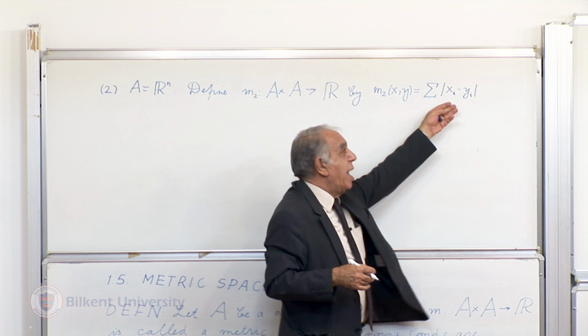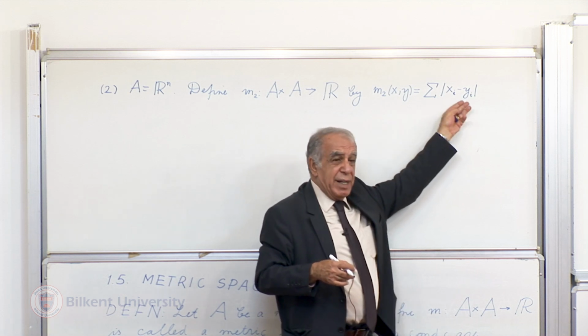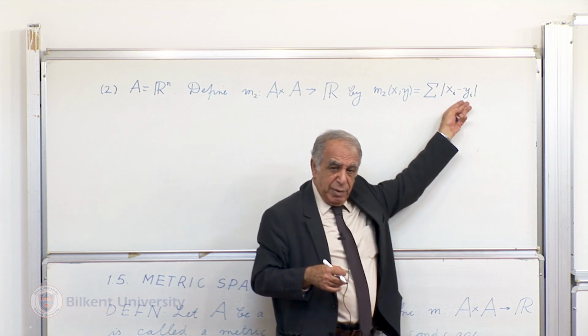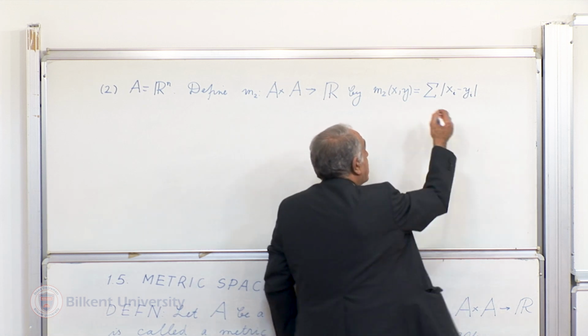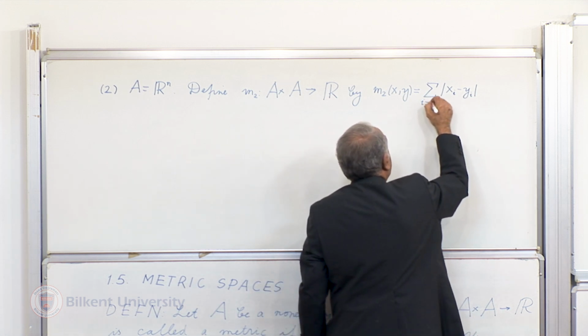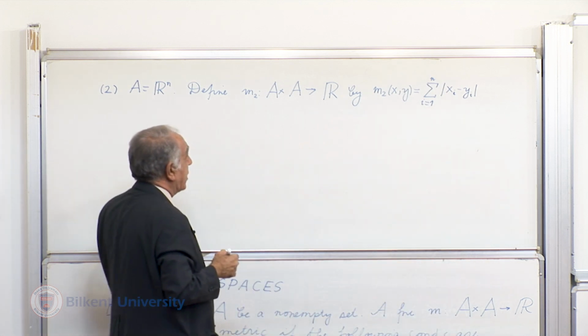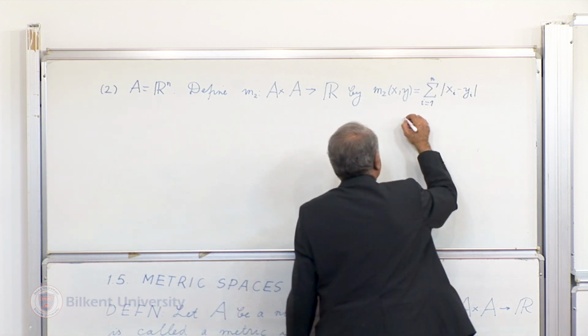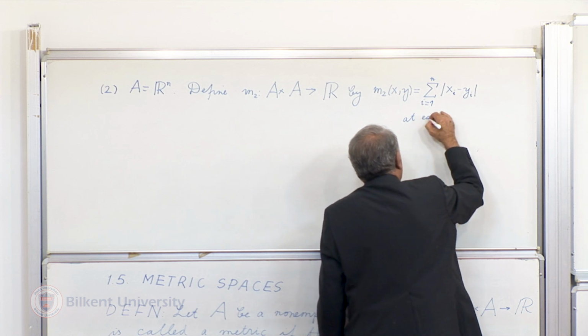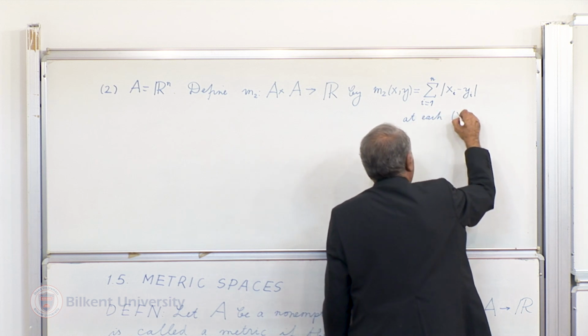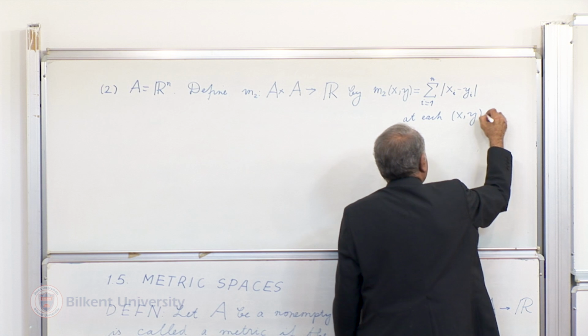Well, let's just not square them. We made them non-negative via taking the absolute value. But let's just take this sum and declare that to be the definition of this metric. Well, we still do not know whether it's symmetric or not, but let's check.